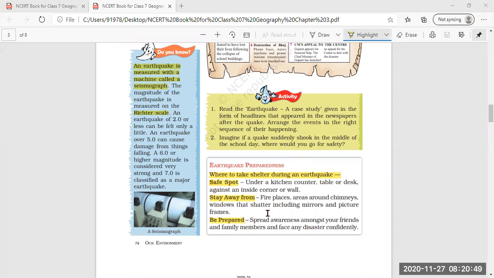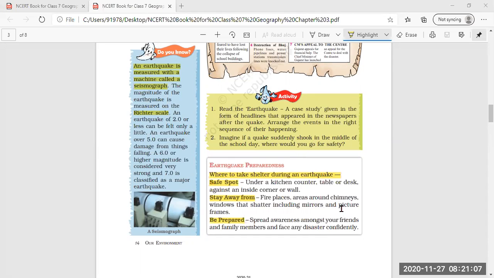Then stay away from certain places. Which places in your home should you stay away from when the earthquake appears? You should be away from the fireplace or the areas around the chimney.